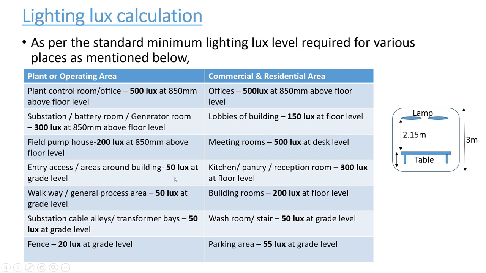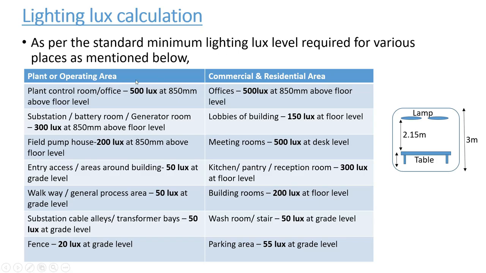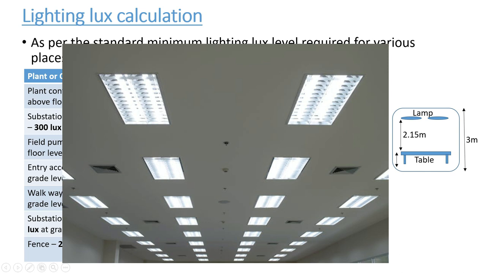So we need to meet this particular lux level with our calculation. That is our aim. The standard clearly gives how much lux level is required, for example 500 lux. But we don't know how many lamps I need to meet this 500 lux level in that particular room, to make the brightness.